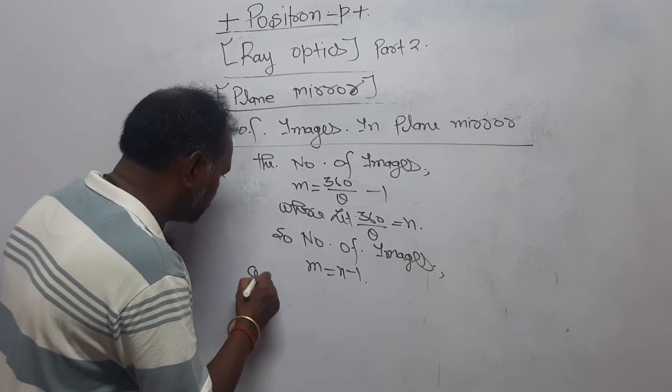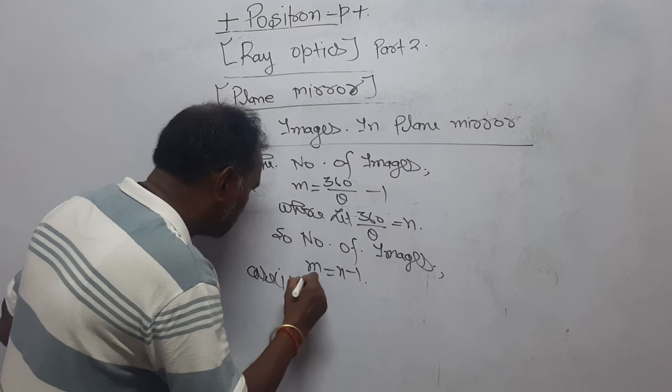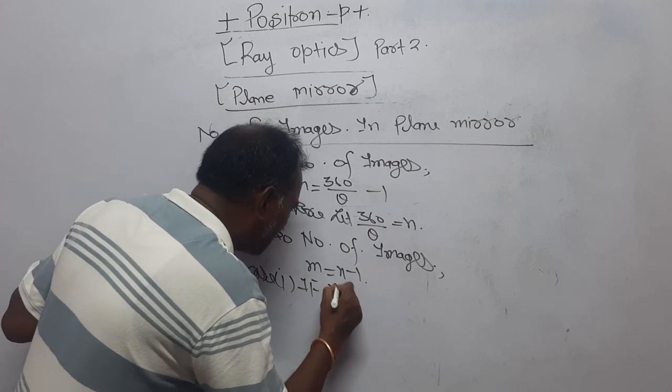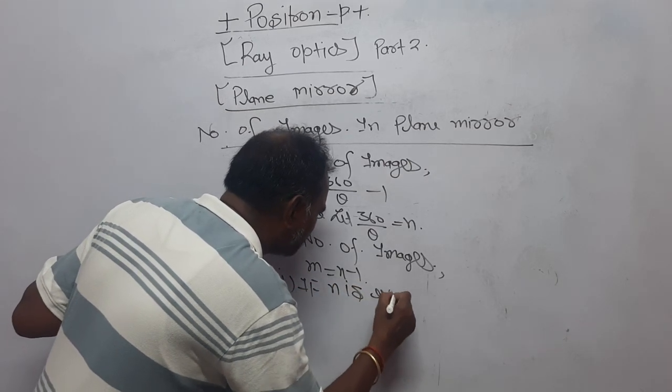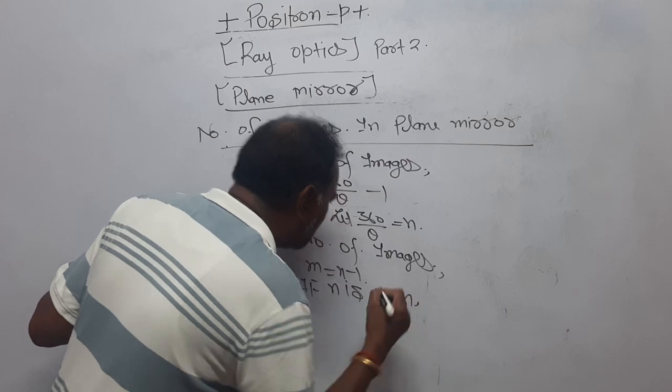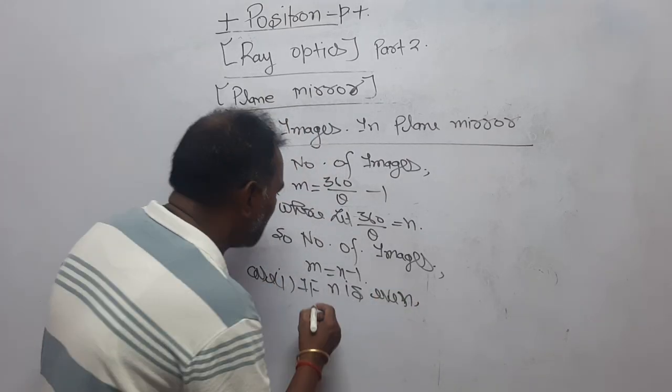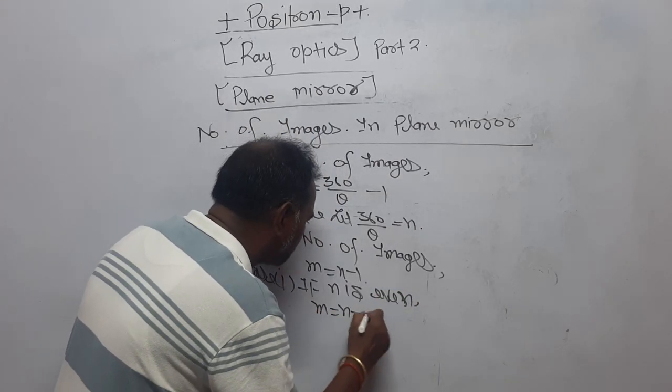Case 1: if n is even, then m is equal to n minus 1.